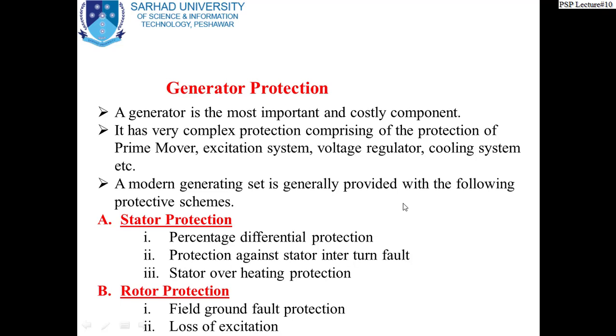Okay, gentlemen. Continuing with the same lecture, the second type of equipment for which we have to provide protection is generator protection. Now, gentlemen, you know the generator is the most important and costly component.